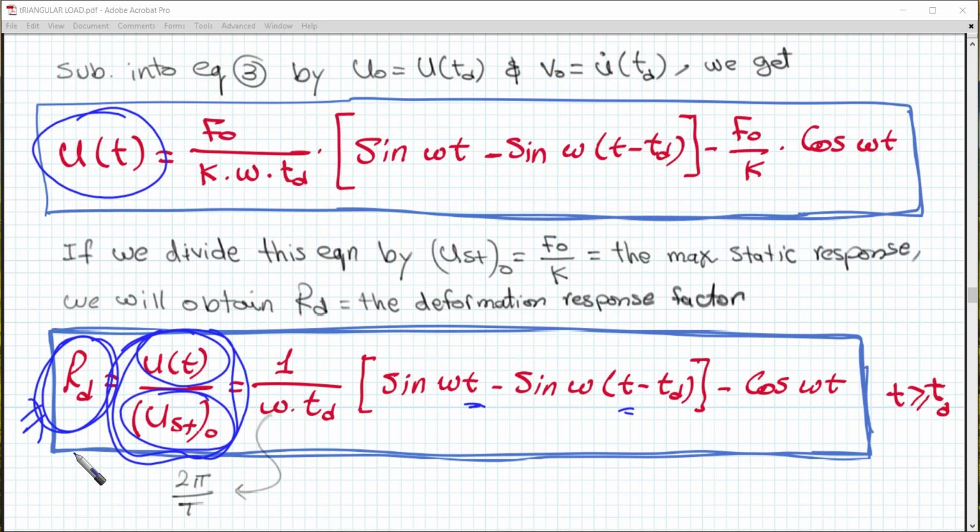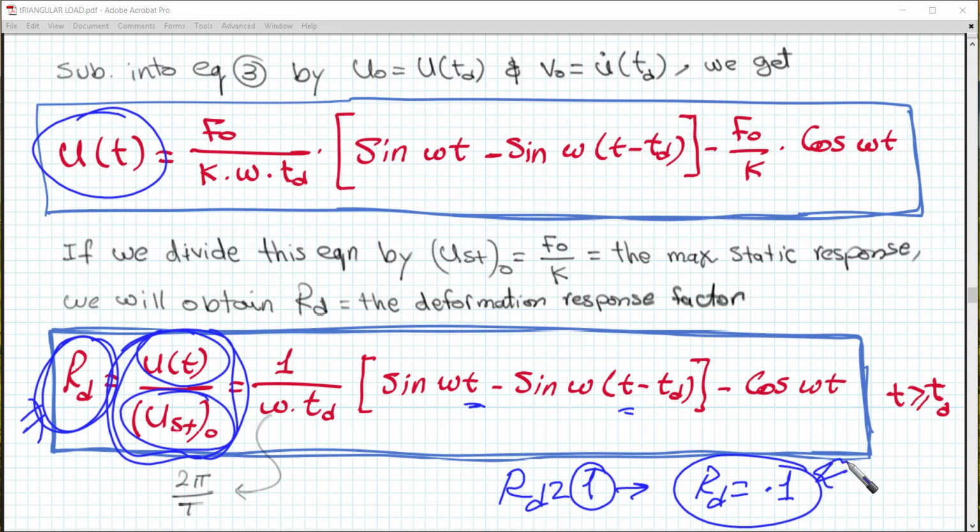or rather, we are going to obtain the ratio between this dynamic response and the maximum static response. So if this RD, for example, equals 1, what does it mean? It means that the system dynamic response is not going to exceed the maximum static response. They are going to be equal. What is the meaning of RD equal to, for example, 0.1? This means that the dynamic response is going to be very good for us because it is going to suppress the maximum static response, and instead of being 1, it will be 0.1.